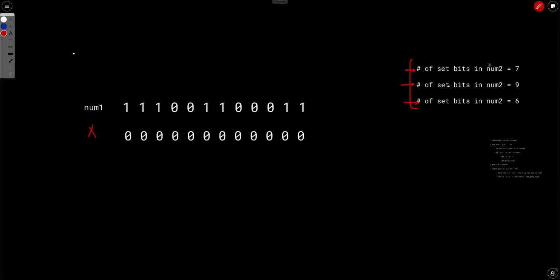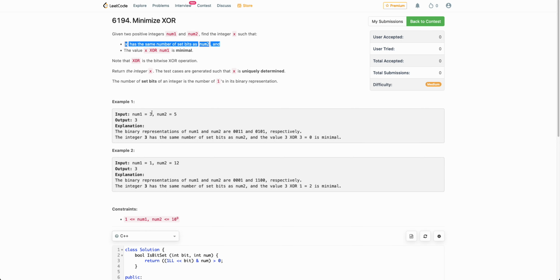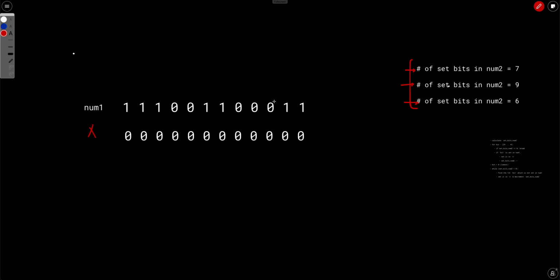So first, let's talk about the number of set bits being equal to the number of set bits in num1. If that's the case, as we have seen in the sample case as well, we can simply put the value of x as num1. So basically, we can simply put 1 where there is 1 in the num1 value.